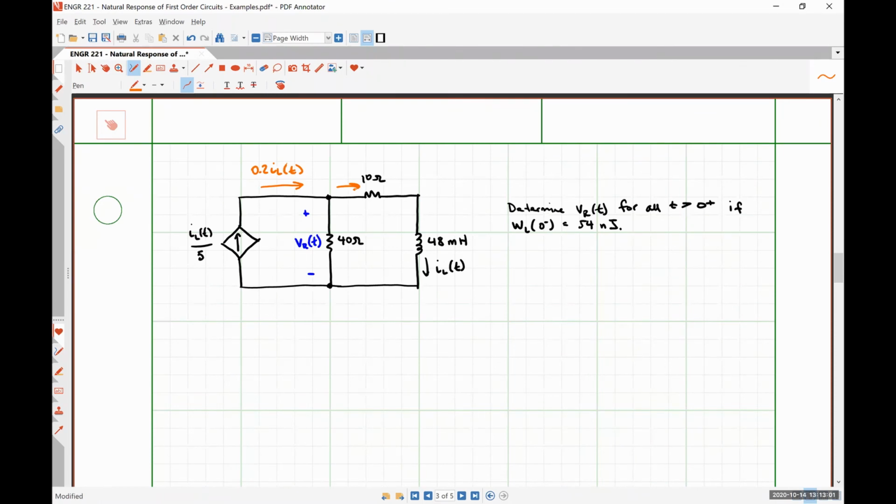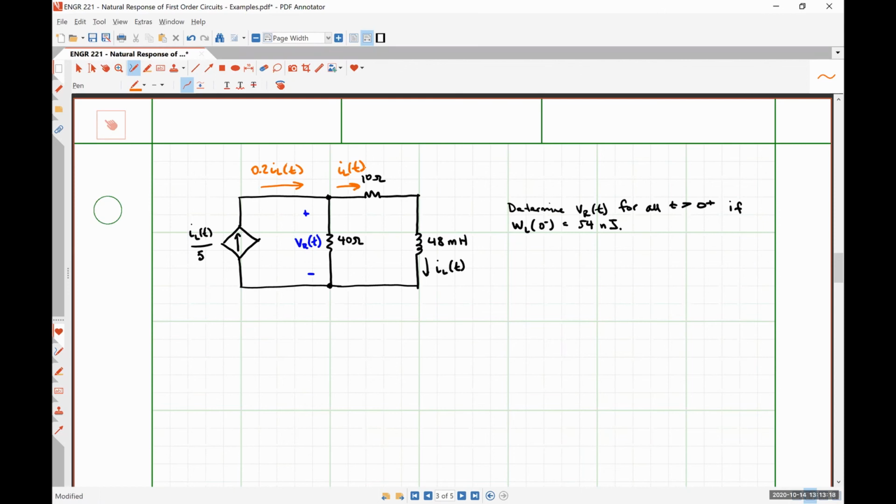What was that? It's IL of t, yeah, all of it. So 1 IL of t flows through the 10 ohm resistor because that 10 ohm resistor is in series with our inductor, and the inductor current is defined as the current flowing through the inductor. So we just have 1 IL of t.